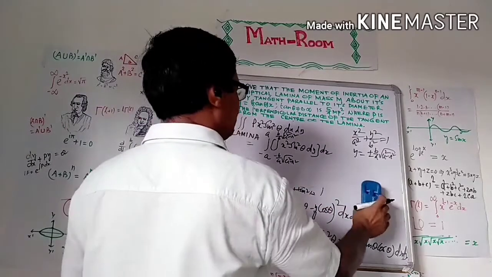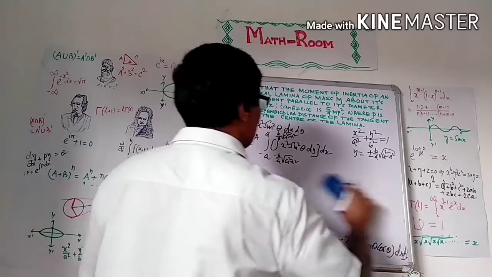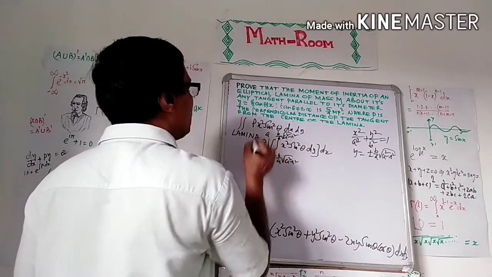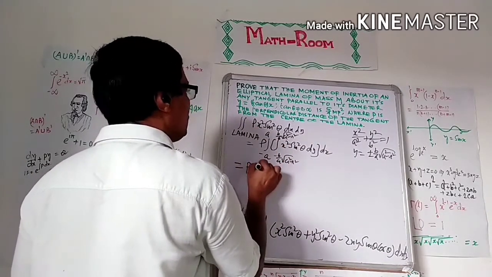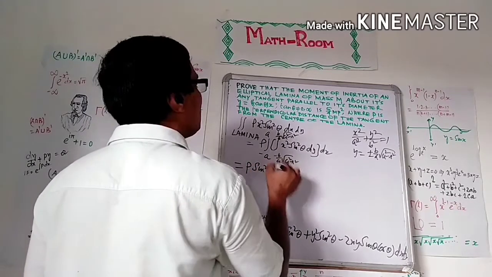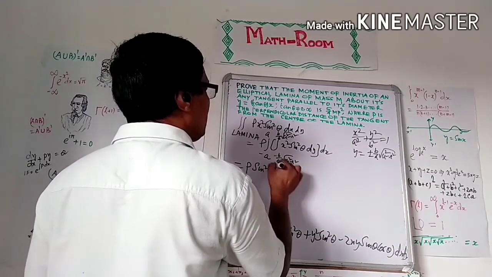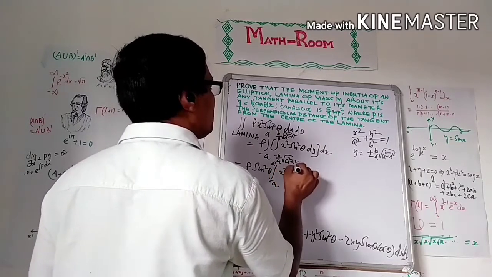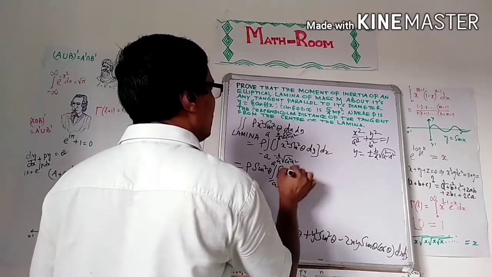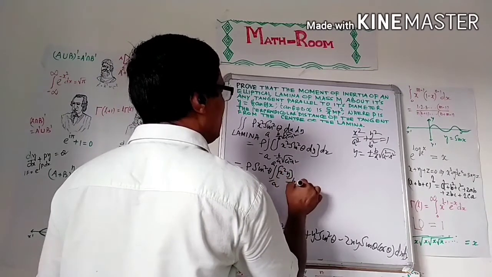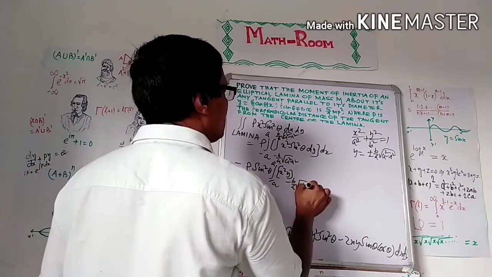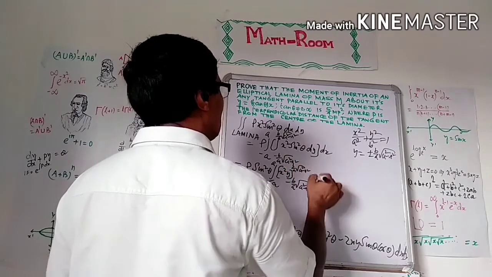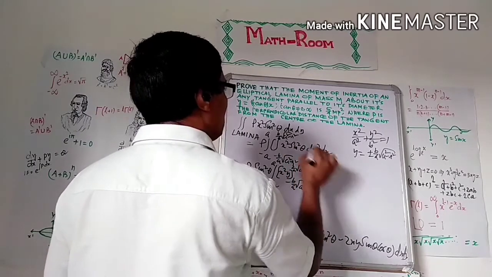Now, this is the rule of double integration, into rho. So rho sin square theta integral of x square times y between minus b by a root of a square minus x square and b by a root of a square minus x square dx.